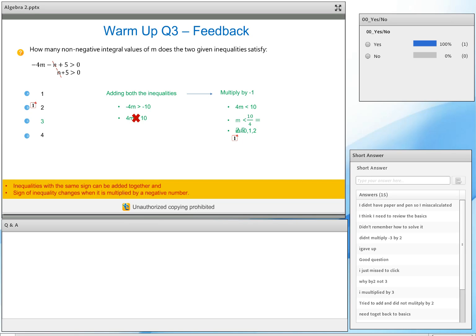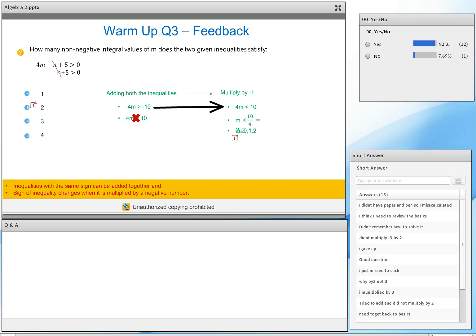The main point where you faltered over here was that minus 4m is greater than minus 10 does not lead to simple cancellation of the negative sign. You always have to change the sign of inequality whenever you multiply both sides of inequality with a negative number. So now 4m is less than 10 for you to cancel out the negative sign.